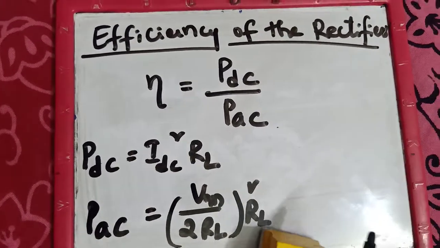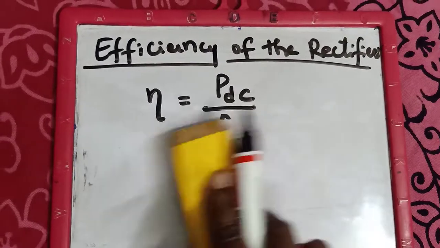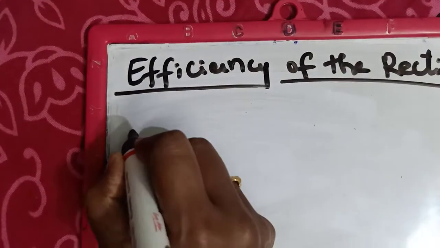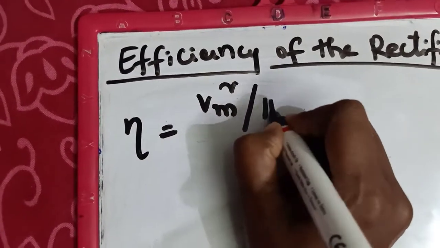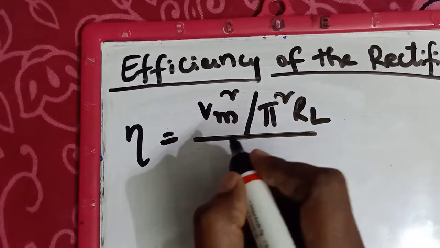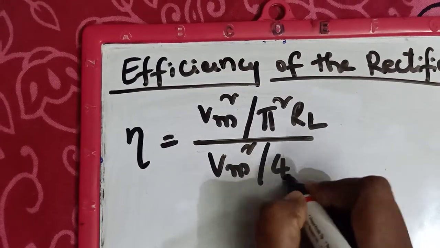Let us see that equation also. So eta is the ratio of PDC to PAC. If you substitute like this, eta equals Vm square by pi square RL by Vm square by 4RL here.